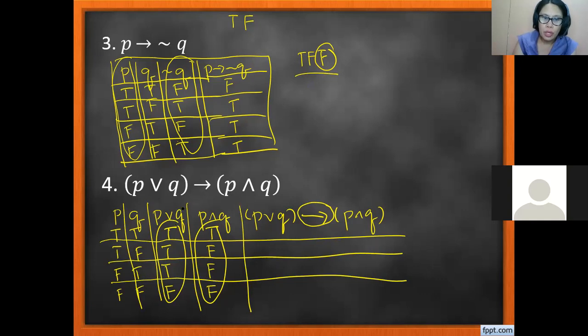So using the two here, no? So this is your premise and this one is your conclusion. Where is the TF? So this is TF. So this is false and the rest will be true.